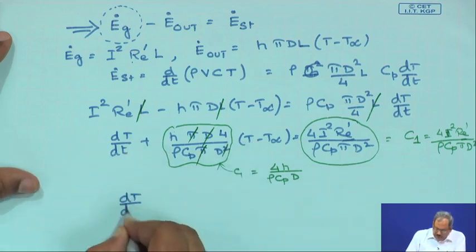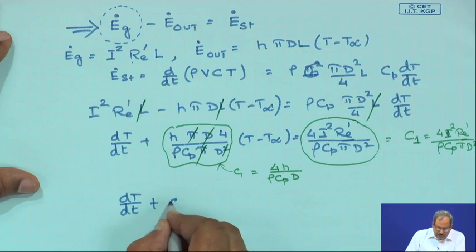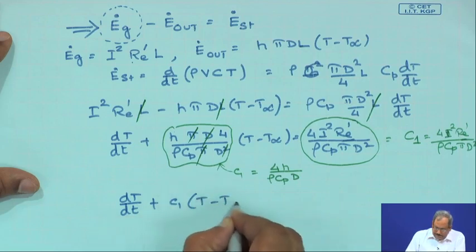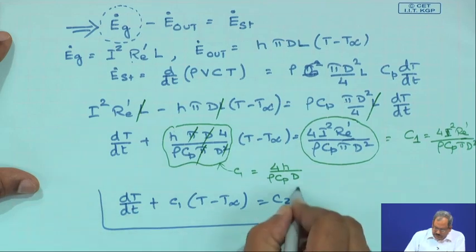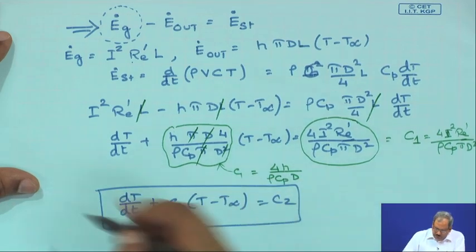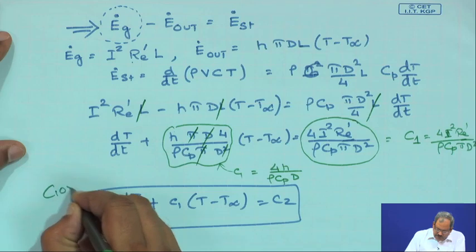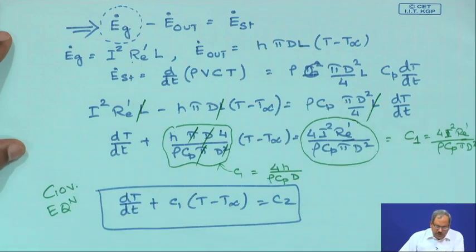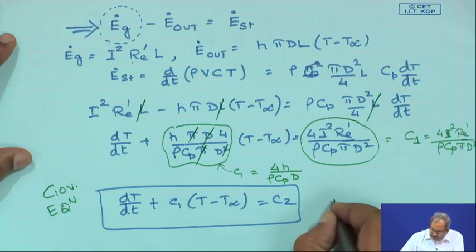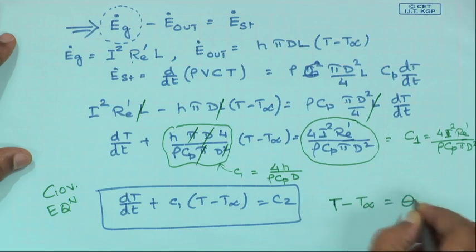which is the governing equation which we need to solve, and it requires one boundary condition. But before that, I think we can also define T minus T infinity to be equal to theta.